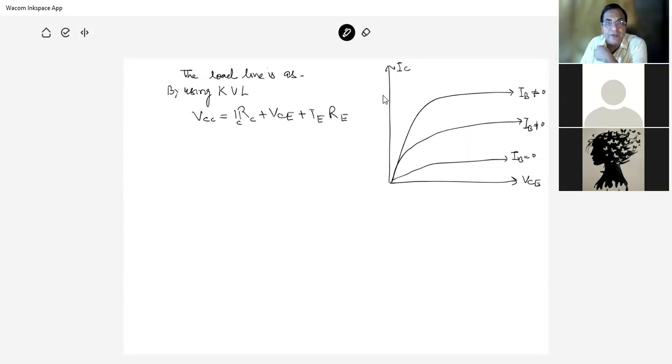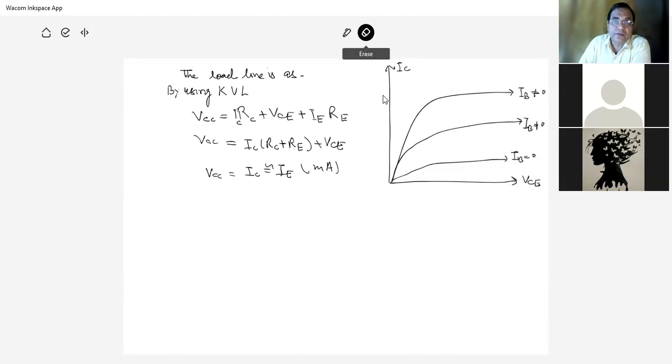That is current flow across the emitter. So this is IC into RC plus RE plus VCE. Why? Because IC is equal to IE in milliampere order. This is VCC.